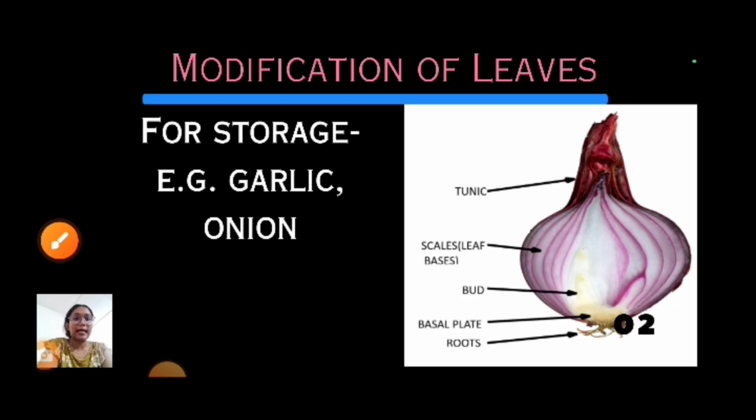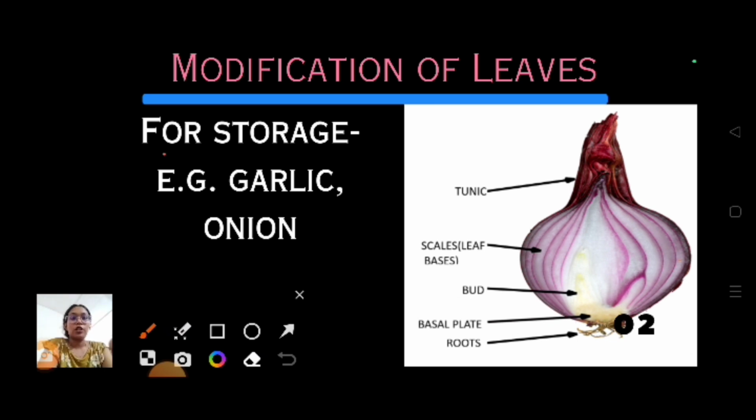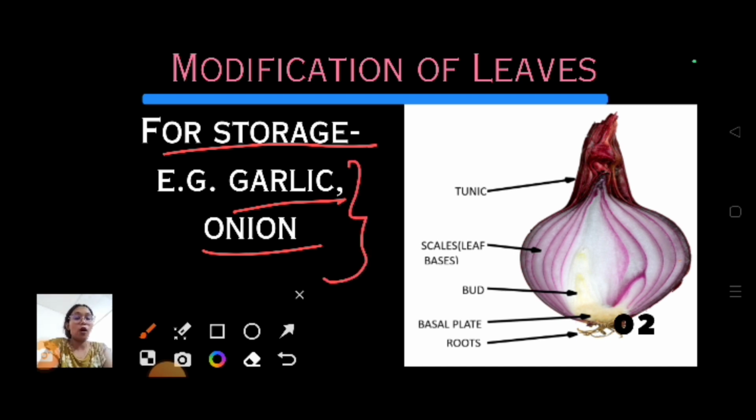Then moving on to the next slide. So next modification is for storage. In case of garlic and onion, we can see storage modification. This same example we got in stem modification also. Let's see the structure in detail now. So this is the root, the base is the root, and this portion is your short stem.